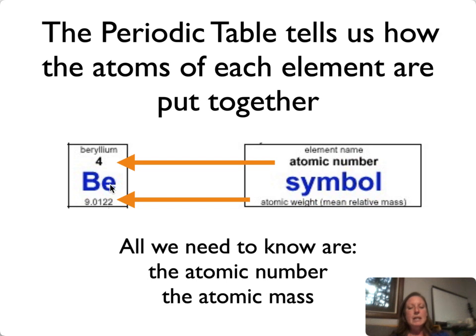So we can see that Be is the symbol for beryllium. Most periodic tables don't give you the name of the element, and that's okay. Just above the symbol for the element, we see this number. This is called the atomic number. And below the symbol for the element, we see what's called the atomic mass. All we need to draw any atom on the periodic table is the atomic number and the atomic mass.